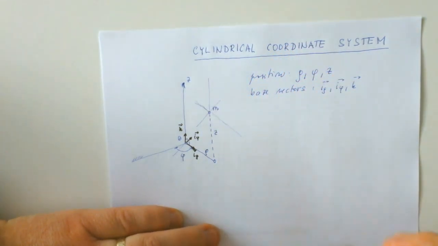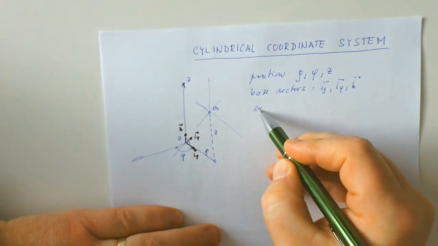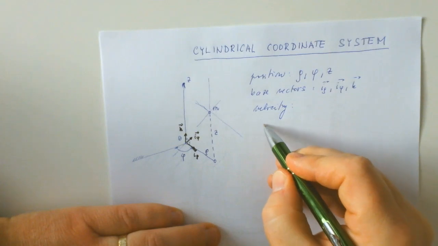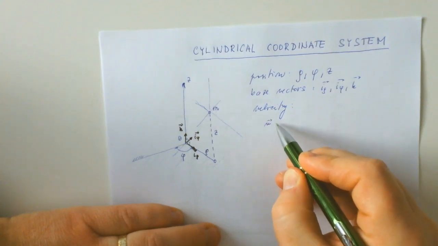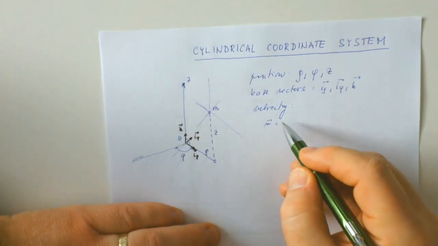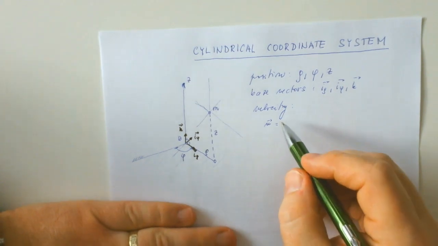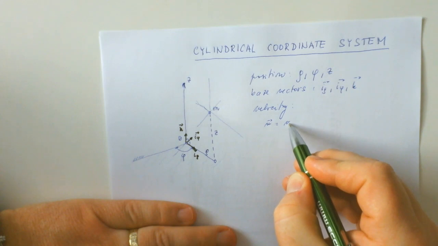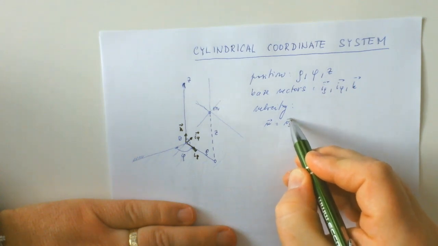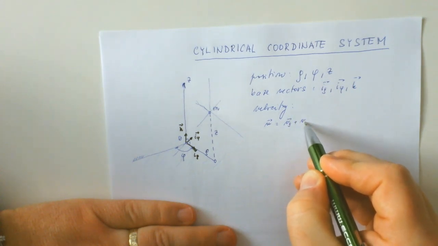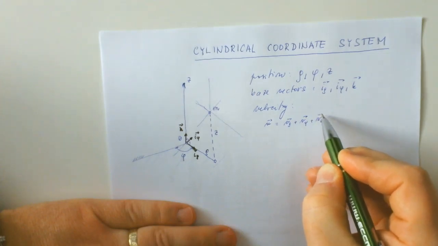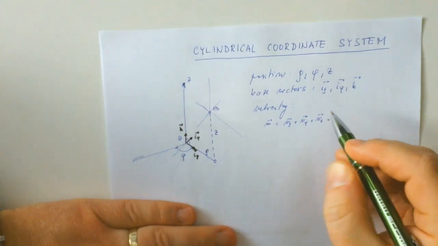Okay, so velocity, and velocity is a vector defined by components. It means components in these three axes. So we will have v rho, v phi and vz, and we can rewrite it like this.